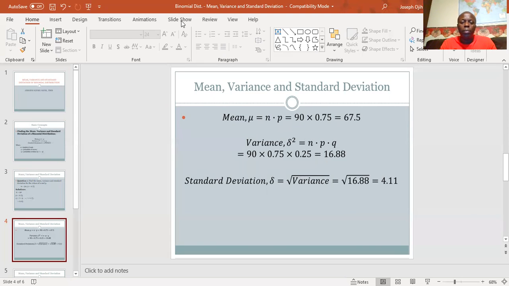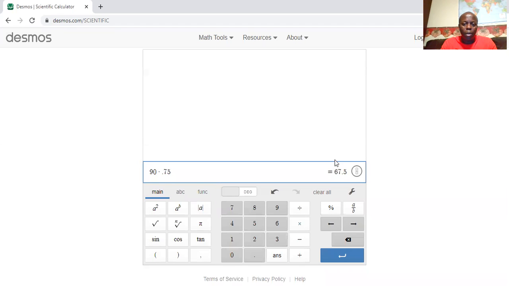So let me show you on my calculator. I'm going to clear it. Excuse me, let me begin again. My computer is having issues with my mouse.